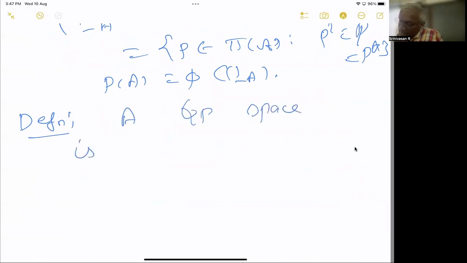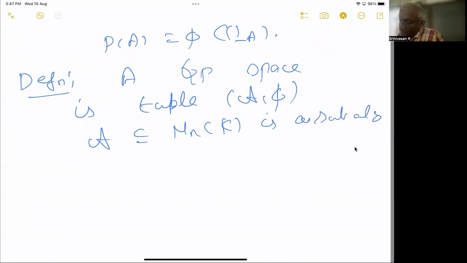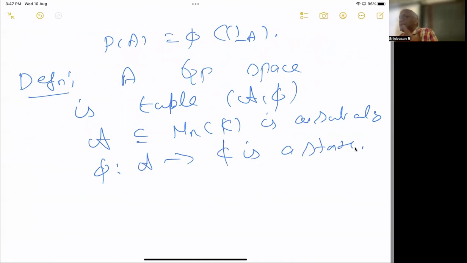The definition: a quantum probability space is a tuple, script A and phi, where script A contained in Mn(C) is a subalgebra, and phi from A to C is a state. That's all. I'm going to explain what we mean by events, and how we associate probability, all those things.